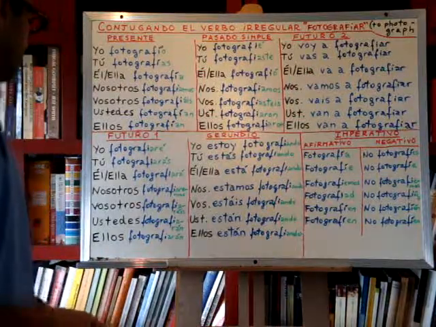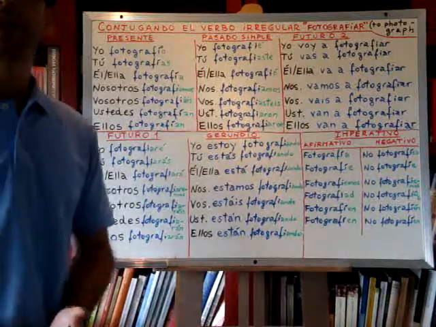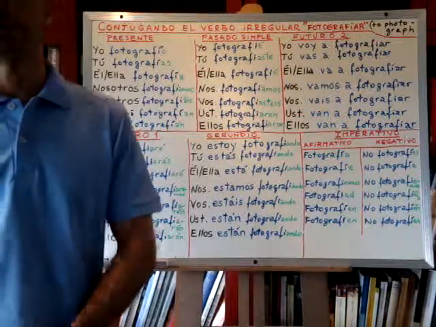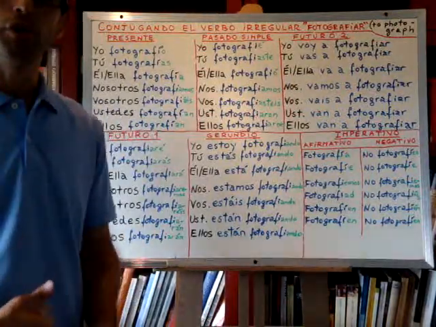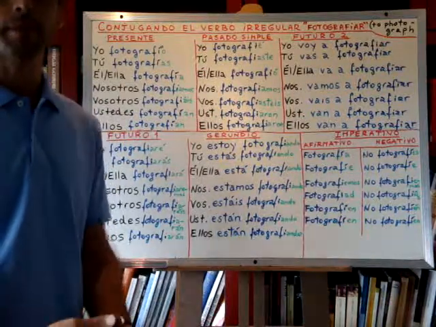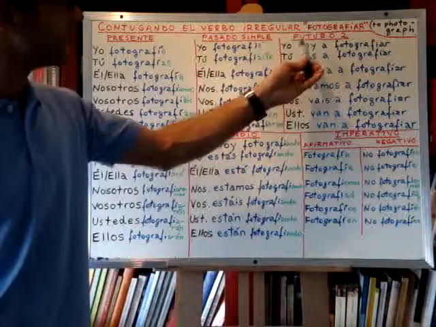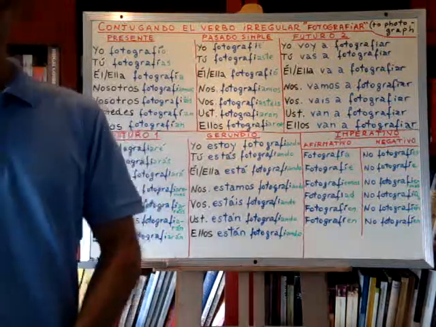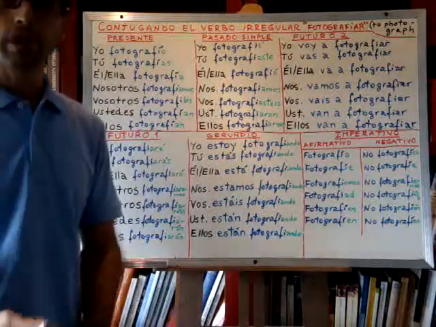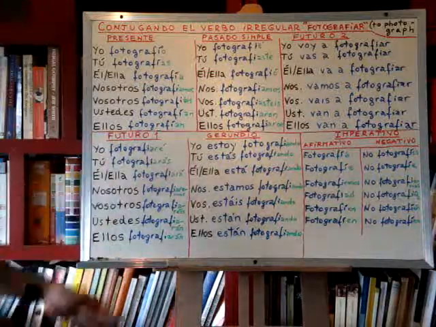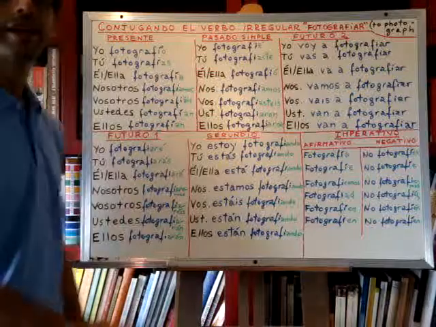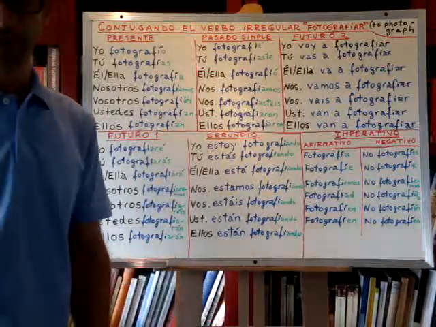So, example, I will photograph my father, okay? Yo voy a fotografiar a mi padre. Actually, I used this future, right? I just said I am going to photograph my father. But I want to say I will photograph my father. I want to use this tense. I will say yo fotografiaré a mi padre, okay?